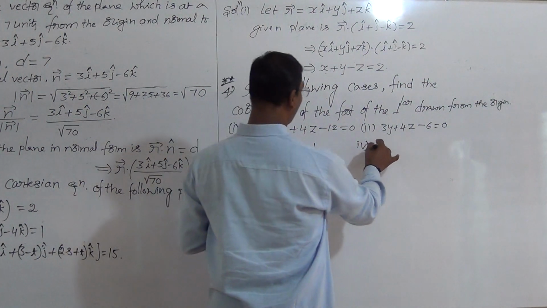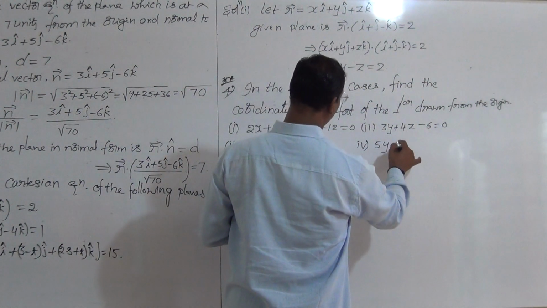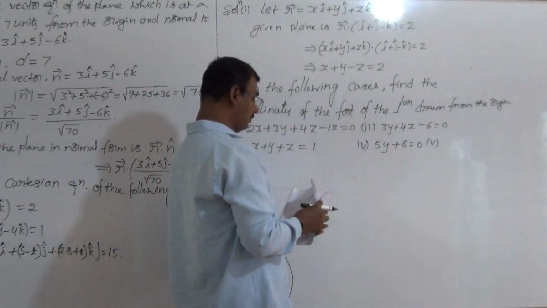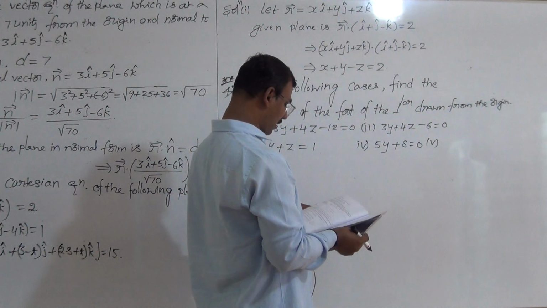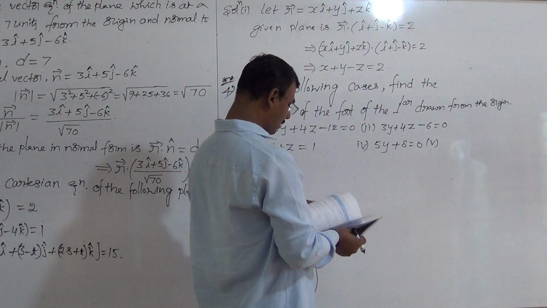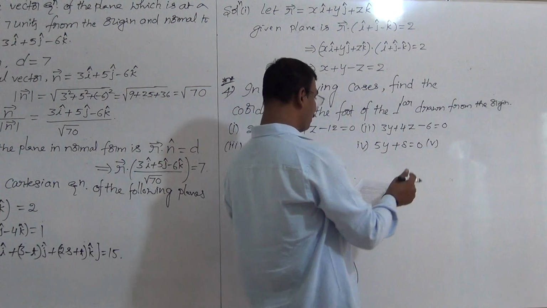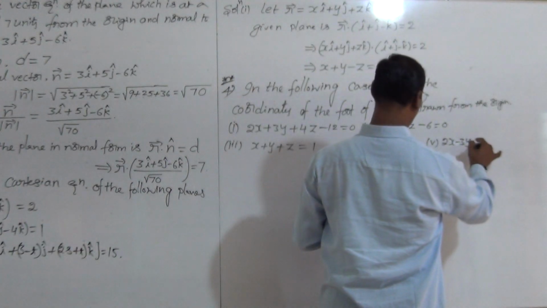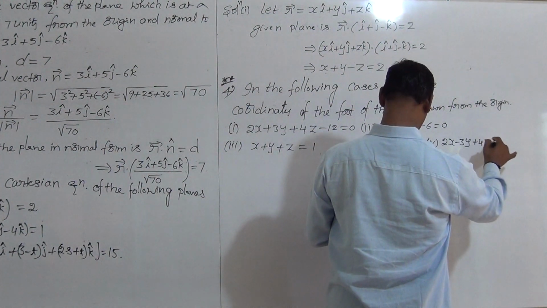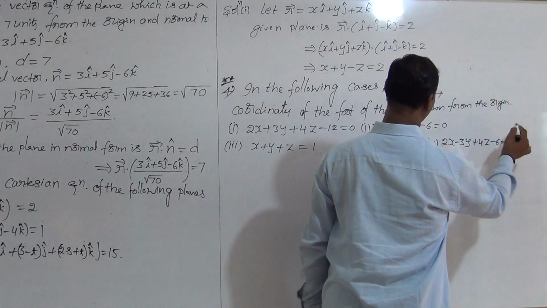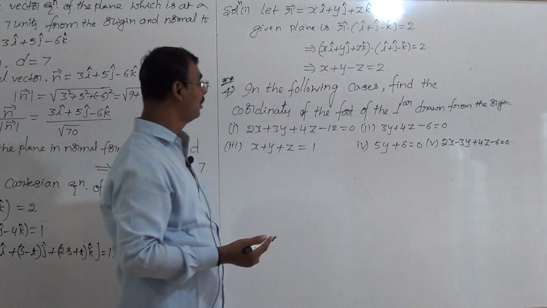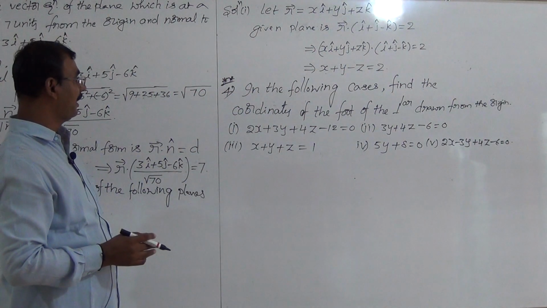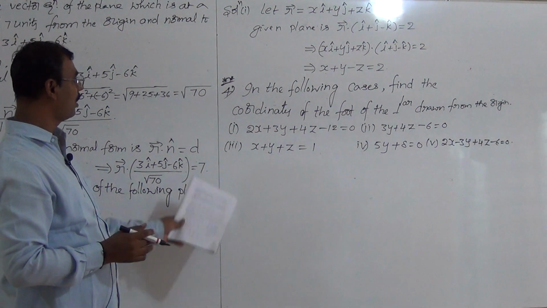Fourth one, 5y plus 8 equal to 0. Fifth question also take here only. The problem is 2x minus 3y plus 4z minus 6 is equal to 0.